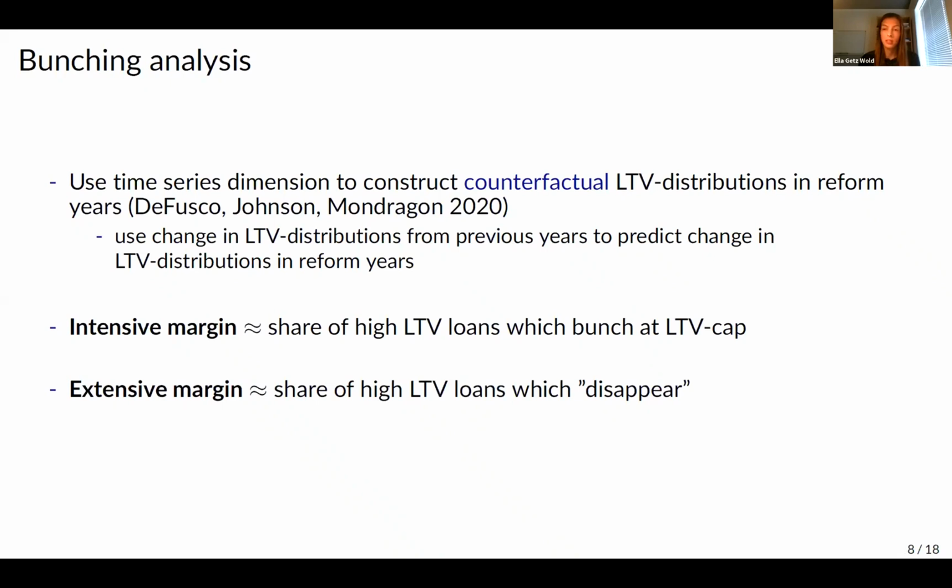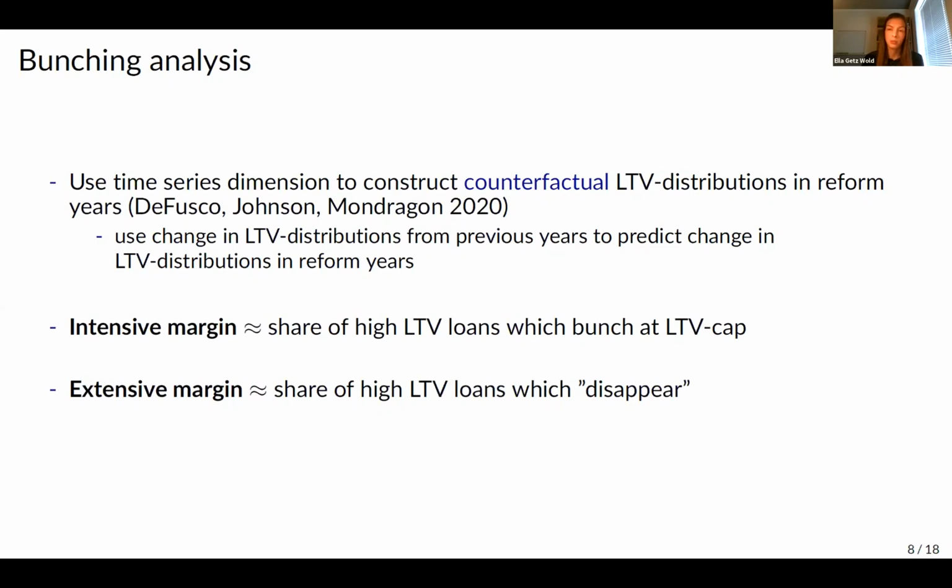We rely instead on the time series dimension. We use the change in LTV distributions from previous years to predict the change in distributions in reform years. I'm going to be a bit sparse on the details of the bunching analysis, but basically once you have the counterfactual and the actual LTV distributions, everything else follows from that.